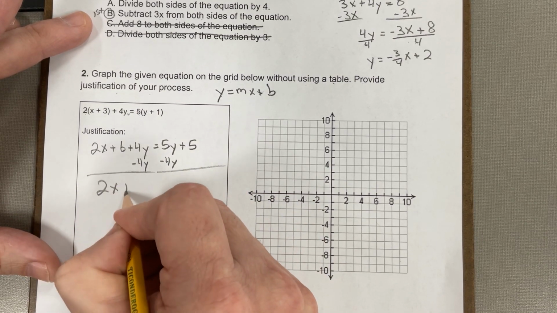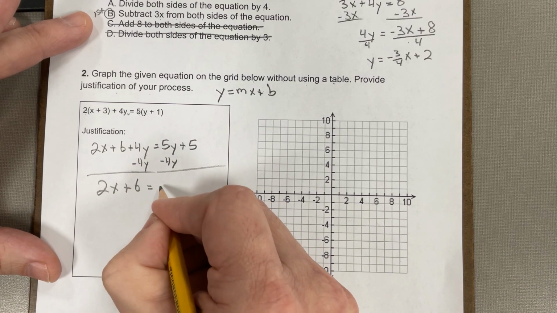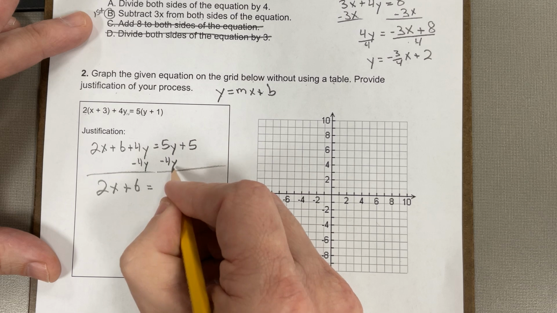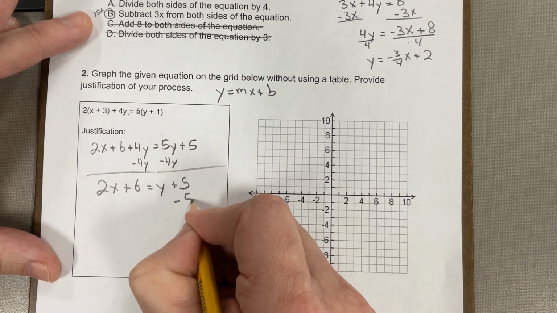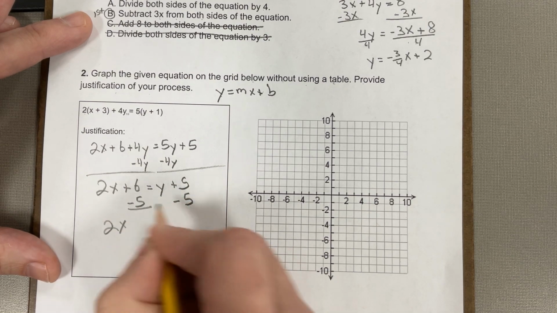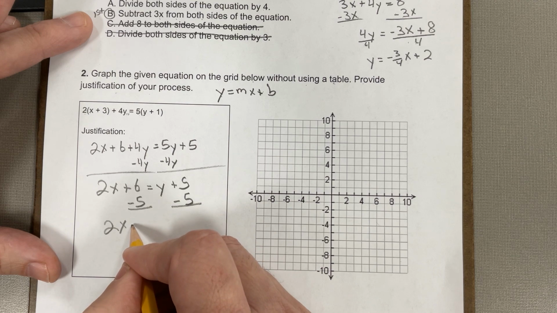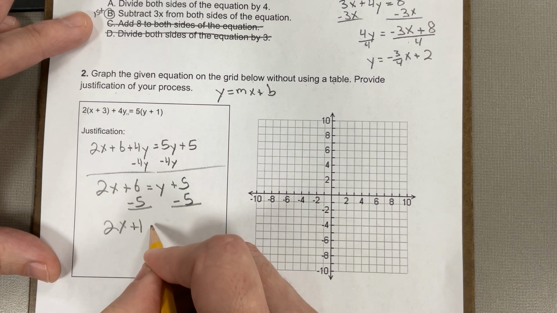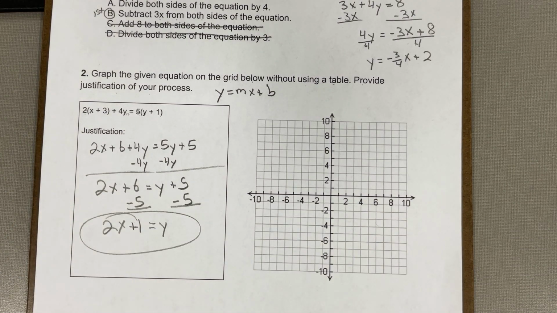So it's 2x plus 6 equals 5y minus 4y is y, plus 5. Now if I subtract 5 from both sides, 2x plus 6 minus 5 is 1, right? Equals y. Here's my answer.